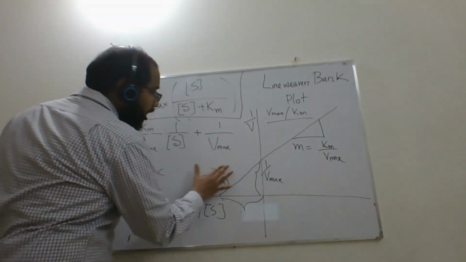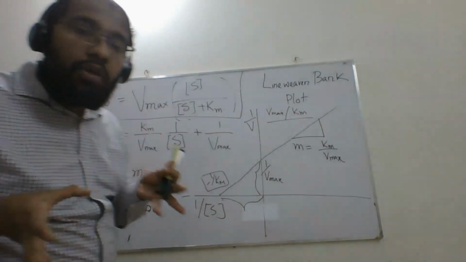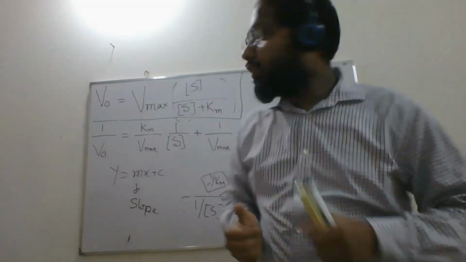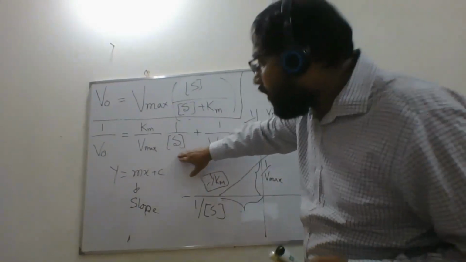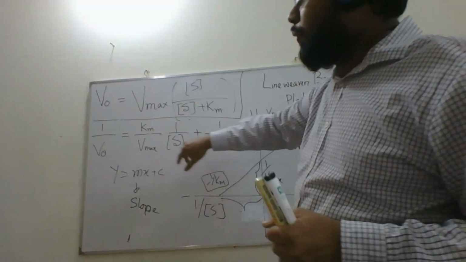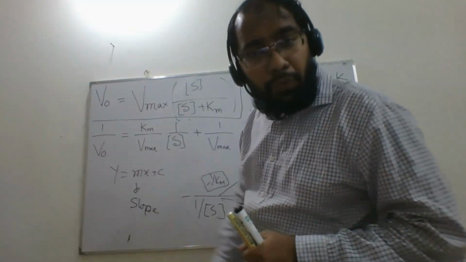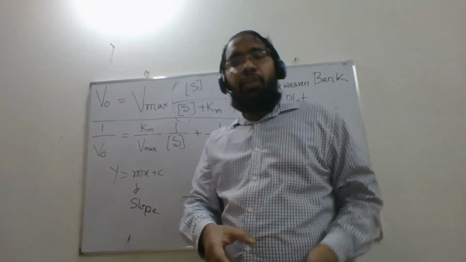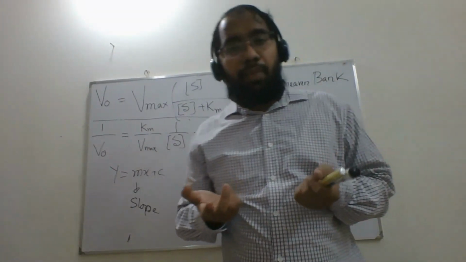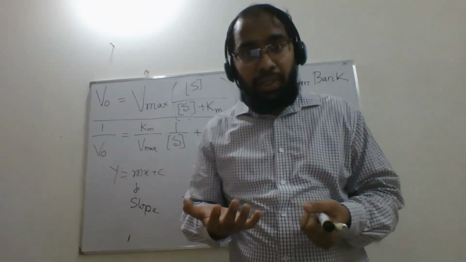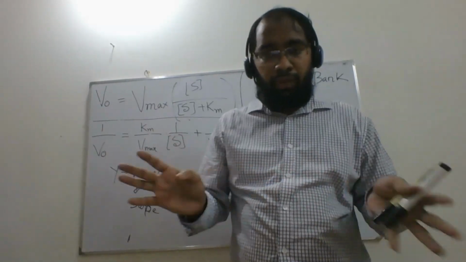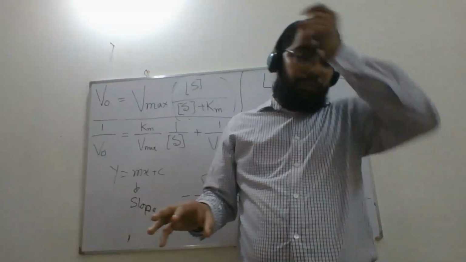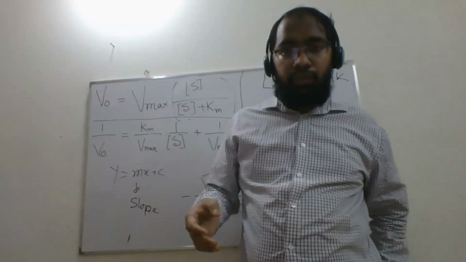However, what is our concern? Our concern is that I will give you the substrate and you will know the rate of the reaction. How? Suppose I give you some substrate and enzyme, and we usually use a machine called a plate reader. If you are from outside then you know the plate reader. Maybe it is difficult for Bangladeshi students to know the plate reader.